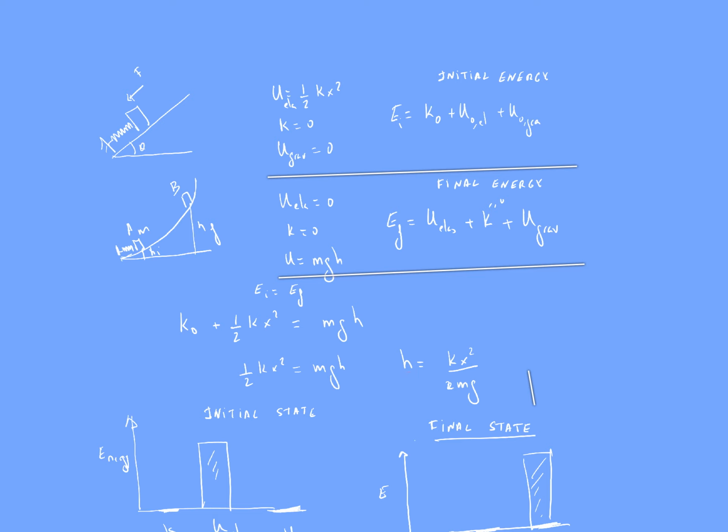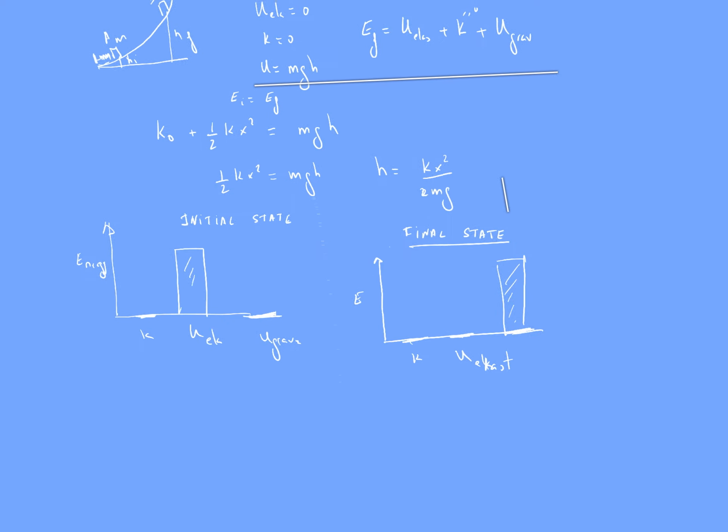So this will allow me from this equation to solve for h. You can imagine a problem and solve for the maximum h, which will be kx squared divided by mg and the 2. This is the h.